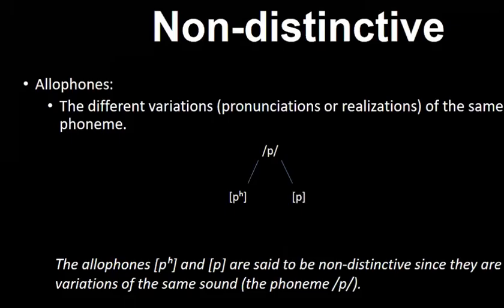Good. Then now we have a non-distinctive sound, which is mostly what we call allophones, right? So, the different variations or pronunciations of a specific sound. Okay, let me give you an example of an allophone.